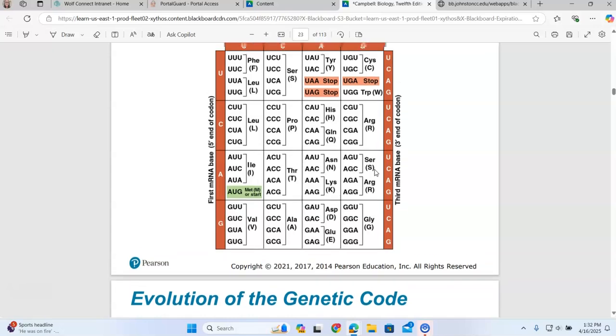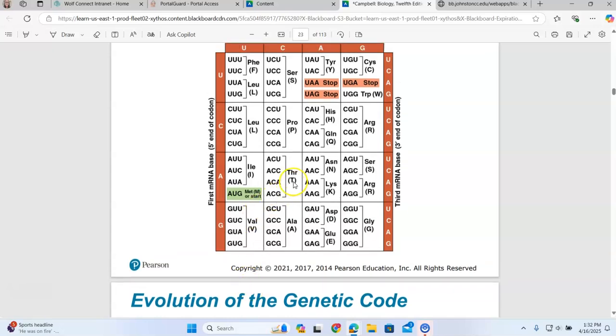All right, here we go. ACG is going to be threonine. Now, remember that. Threonine is for patient number 1.